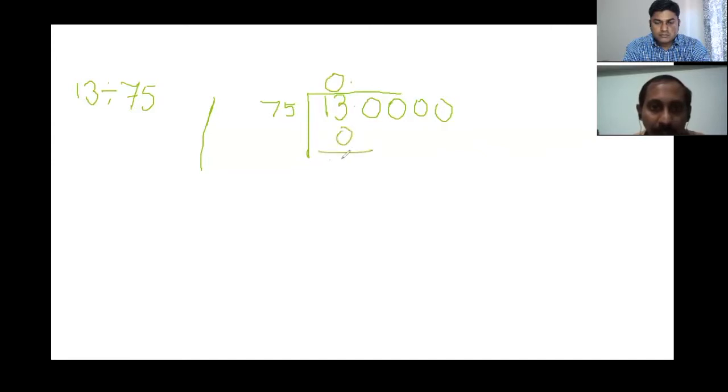13 is the remainder. This 0 will be brought down here, 130. Now 75 into 2 will become 150, which is more than 130, so it will go once, 75. When we subtract, we will get 55.